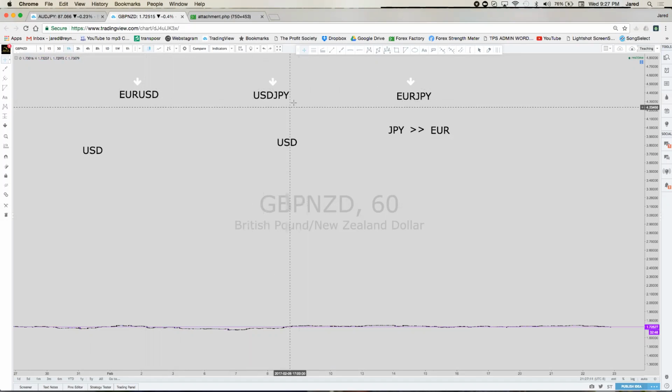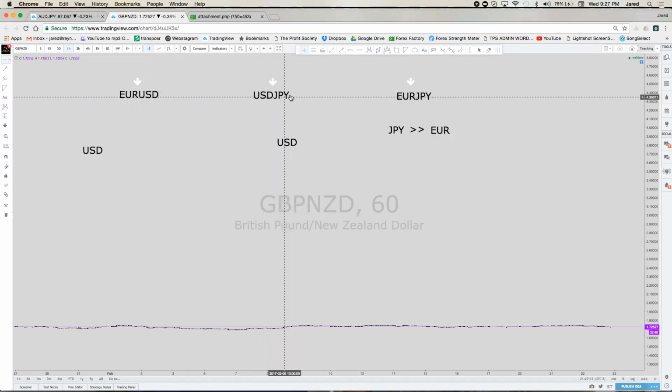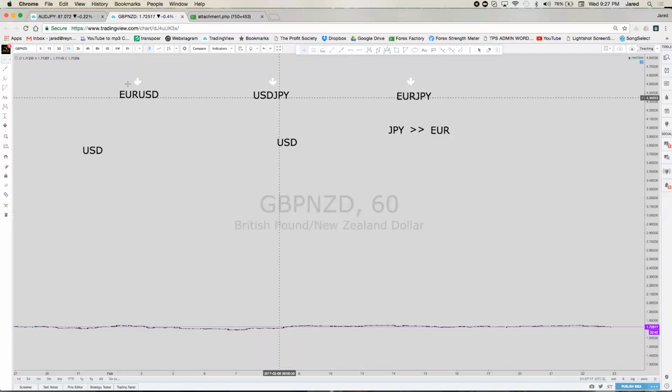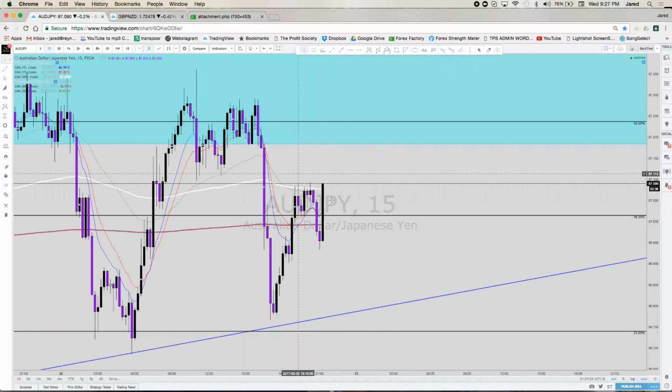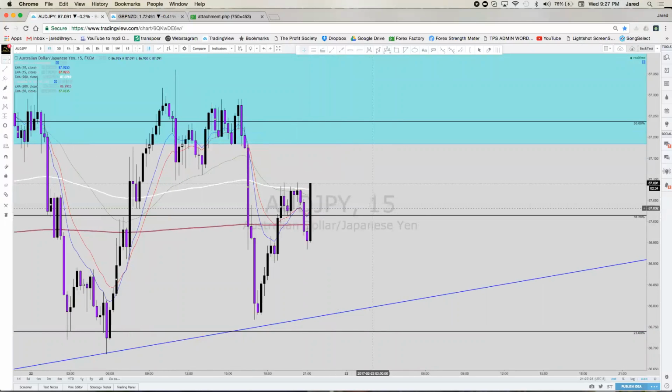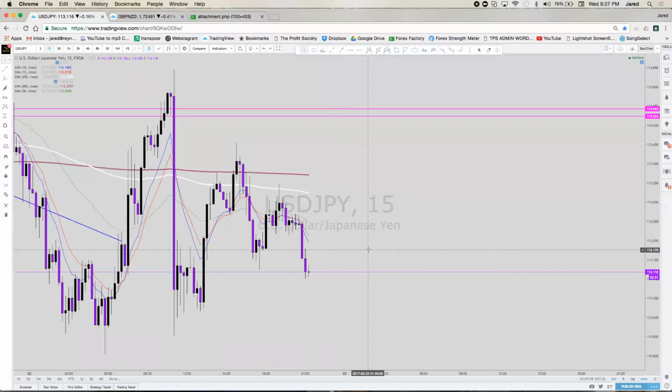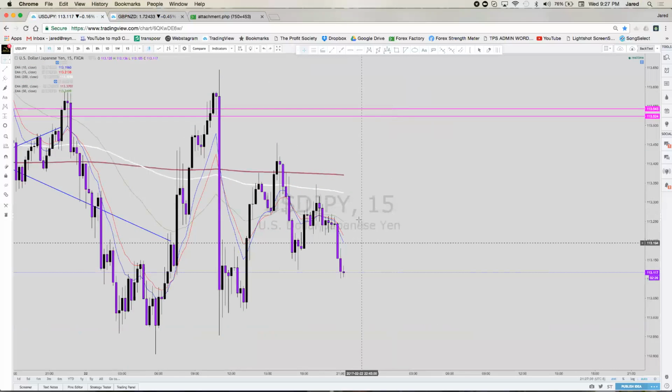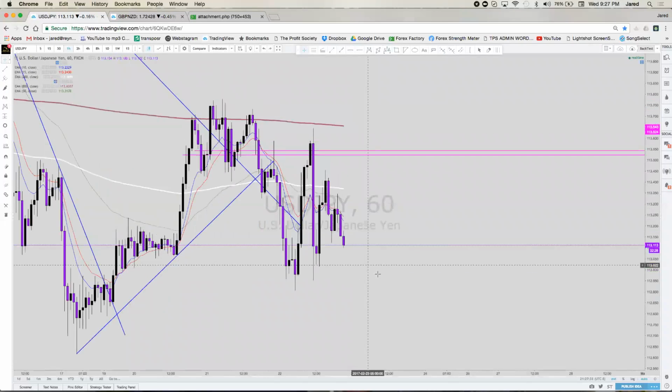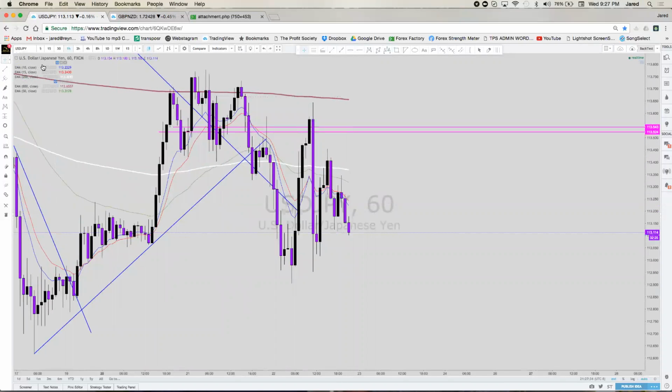But if the Japan yen, for some reason, is stronger than everything, then it's going to change the way that the market is moving. Like right now, I think EU and UJ are rising, right? Oh, snap. Let's look. Nope, UJ's falling. Let's look at the hour. So let me turn off these. Sorry.